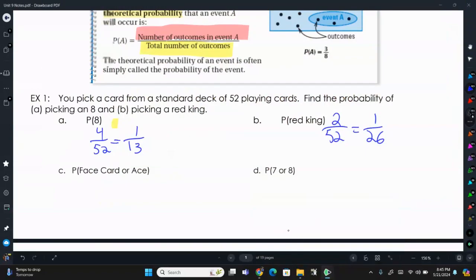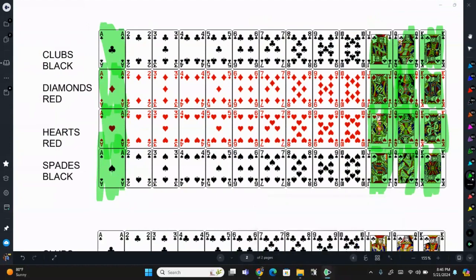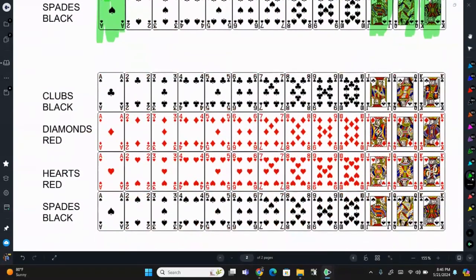So the probability of picking a face card or an ace is 16 out of 52. And again, we can reduce that to get 4 over 13. All right, then letter D, probability of a 7 or an 8. So if we go back here, the probability of a 7 or 8, we have 4 7s and 4 8s.